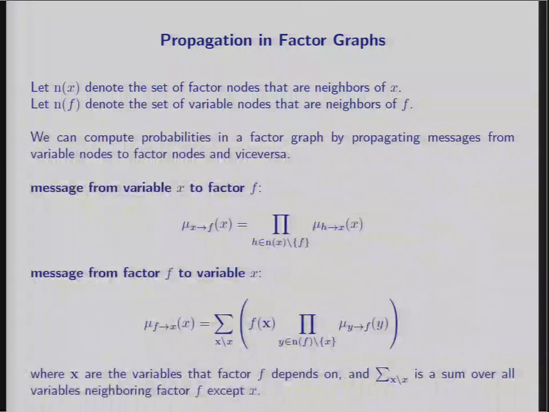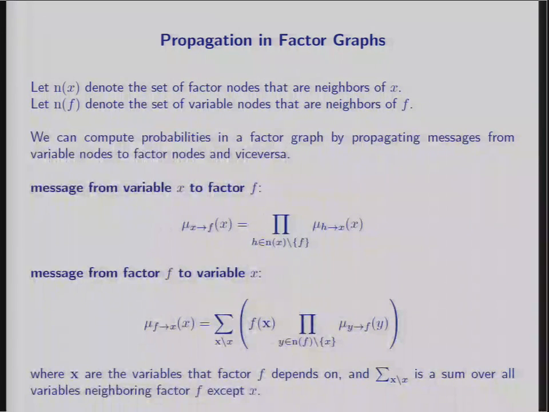So we can compute the probabilities by propagating messages from variable nodes to factor nodes and vice versa. And it's basically these two equations. Okay? We have, in general, messages from variables to factors. So here is the message mu from variable x to factor f.